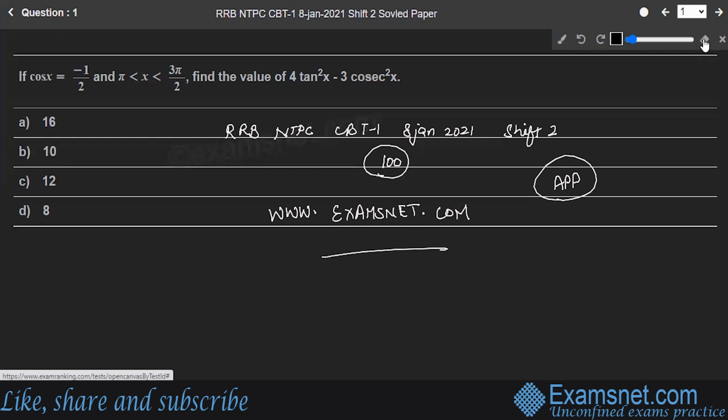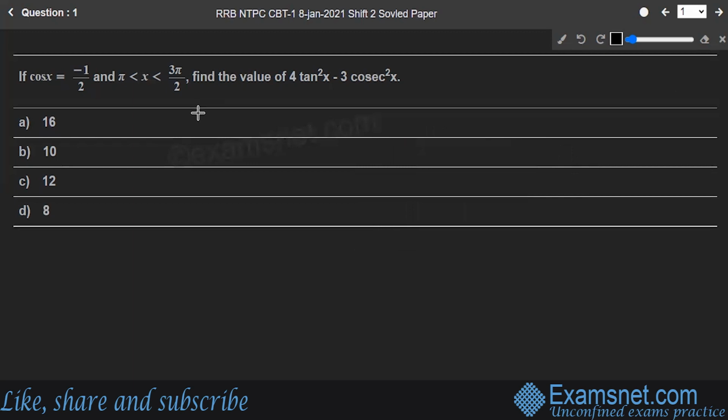Here we go. Question number 1, mathematics question. It says if cos x is equal to minus 1 by 2 and x lies between pi and 3 pi by 2, that means x lies in the third quadrant. You have to find out the value of 4 tan square x minus 3 cosecant square x.